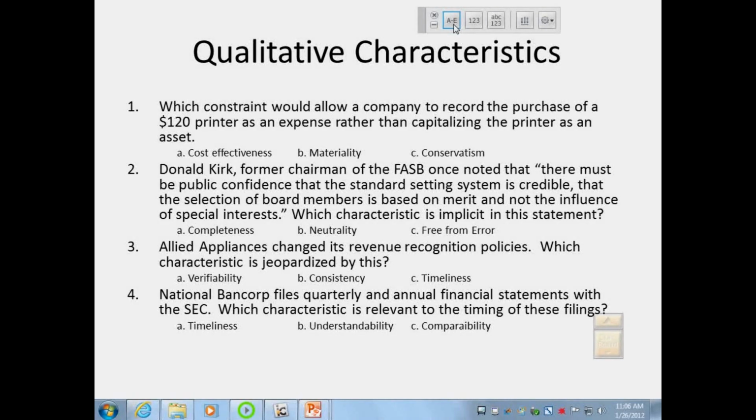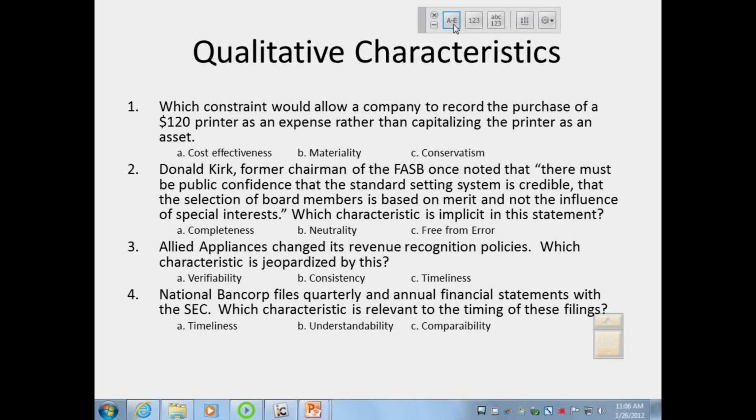So we need consistency, and verifiability is just saying that different measurers would come up with the same answer. If you say measure it using this rule, or using that rule, they still might come up with the same answer, but it wouldn't necessarily be consistent.